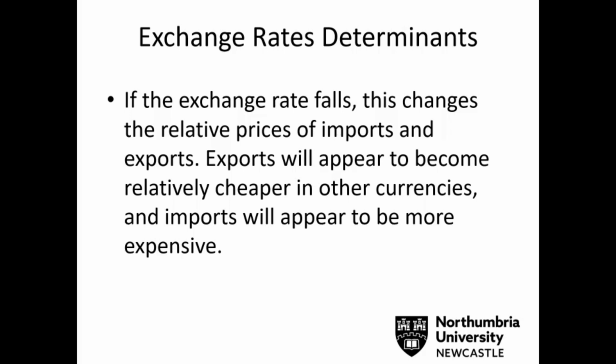And as the European region was our biggest importer, we really struggled when it came to paying for goods that came from Europe. Because it was costing us more to buy goods to import, we saw inflation in the UK start creeping upwards, and this is what's known as cost push inflation.